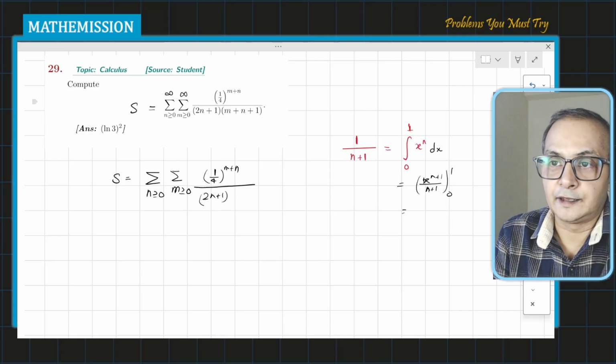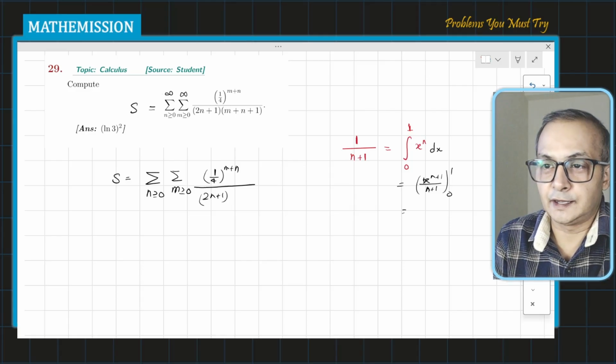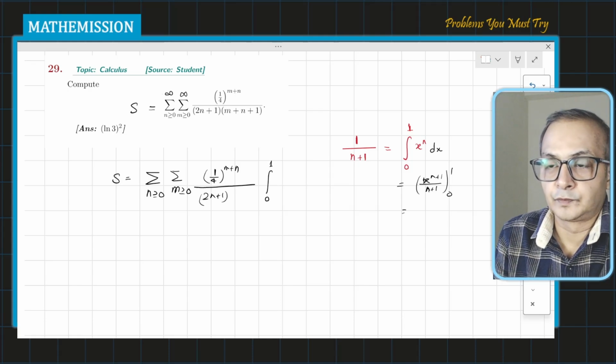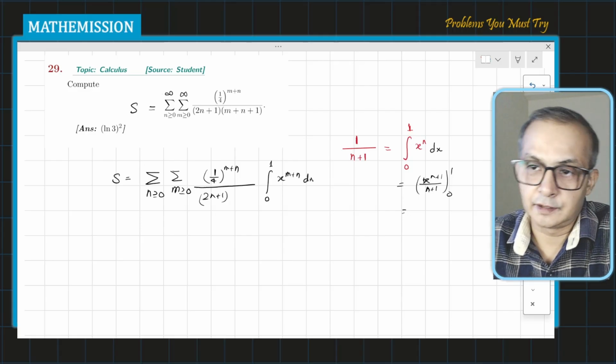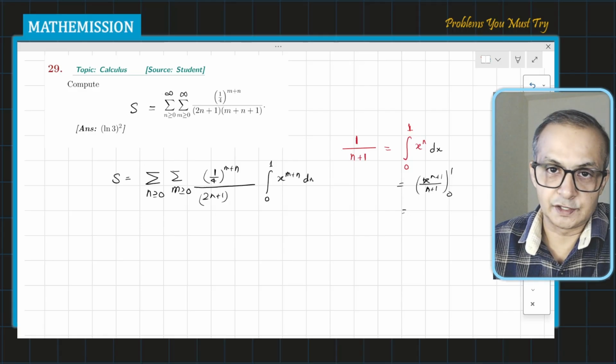And this m plus n plus 1, I'm writing as the integral from 0 to 1 of x to the power m plus n, dx. Now the whole idea is to swap the integration sign with the summation sign.